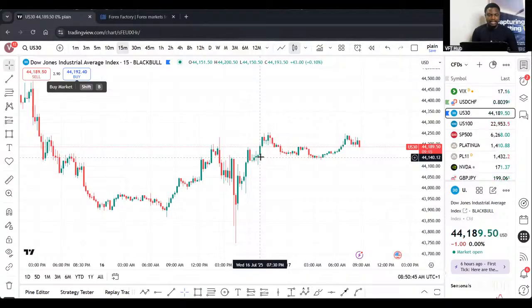And we saw that triggering a lot of stop losses yesterday. Some pairs really rallied, like the likes of EUR/USD and the entire euro-dominated assets, while other ones like US 30 and US 100 actually sold off, which is quite interesting.